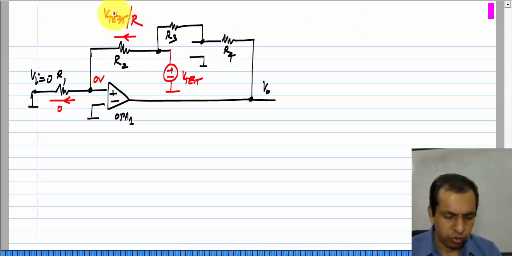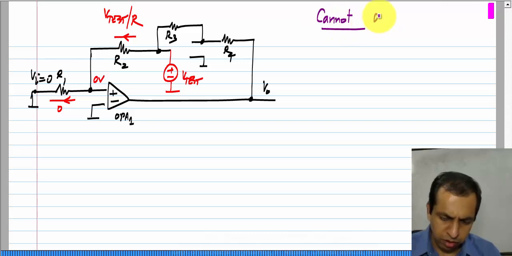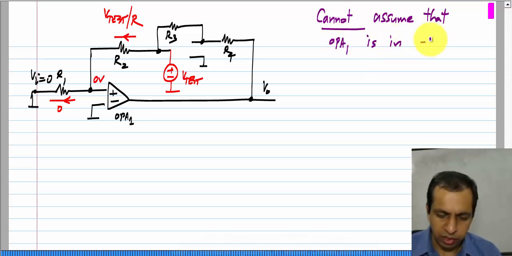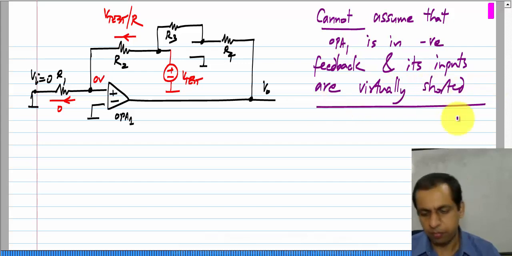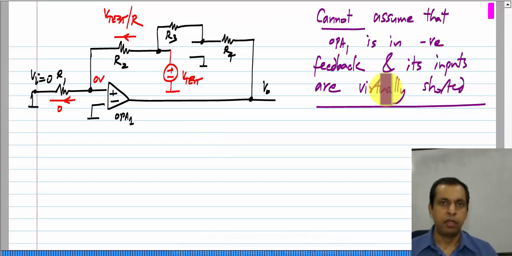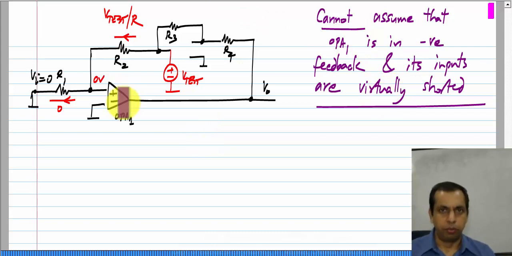Okay. So, in this case, we cannot assume that OPA 1 is in negative feedback and its inputs are virtually shorted. Okay. So, we have to try a different approach.